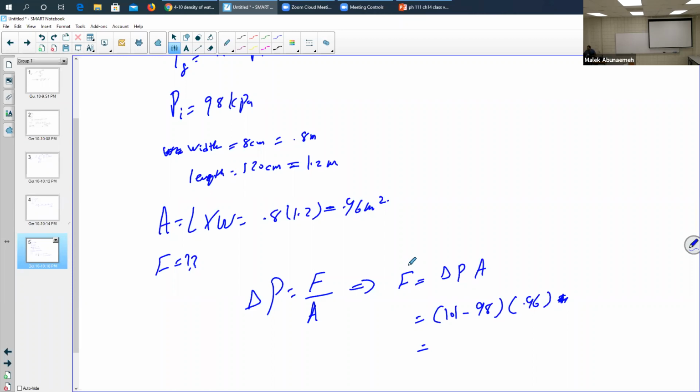So this is going to equal, by the way, 101K minus 98K, so it'll be 3 times 10 to the 3 power pascals multiplied by 0.96, so it's 2,880 newtons. Awesome.